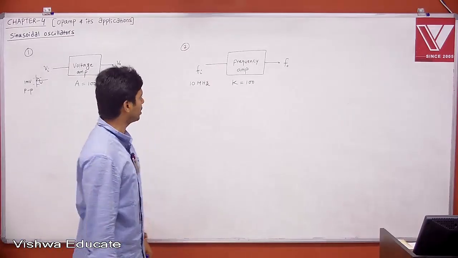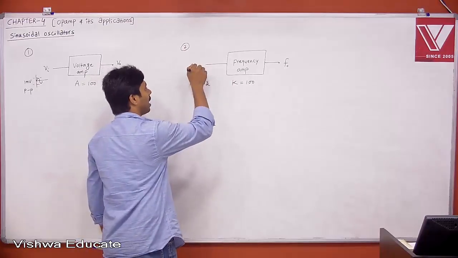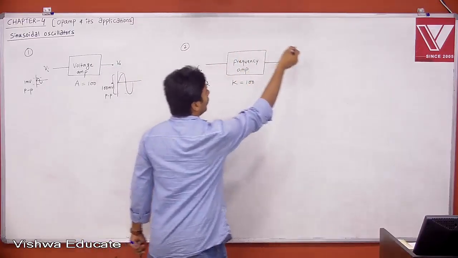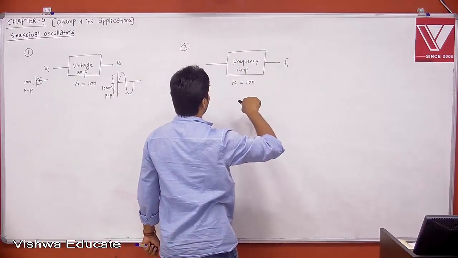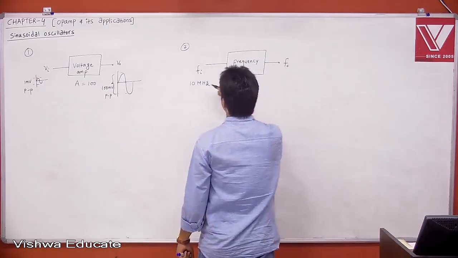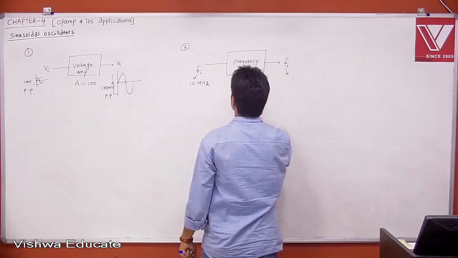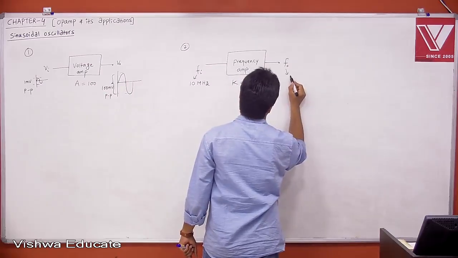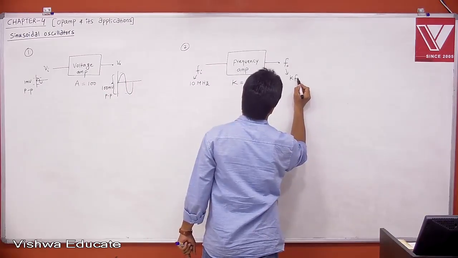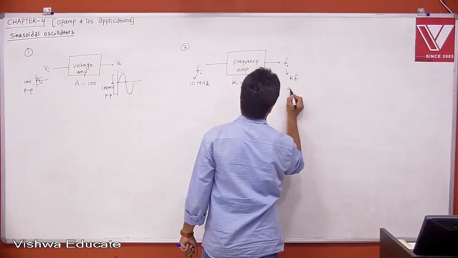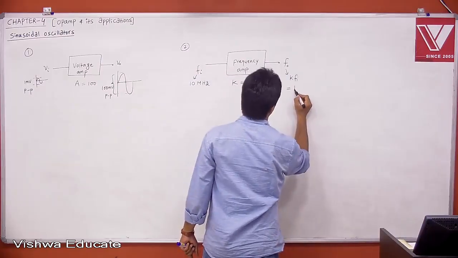Whatever input signal frequency you have, I want 100 times of it at the output. Therefore, F0 will be equal to K into Fi, which is nothing but 100 into 10 megahertz, 1 gigahertz.